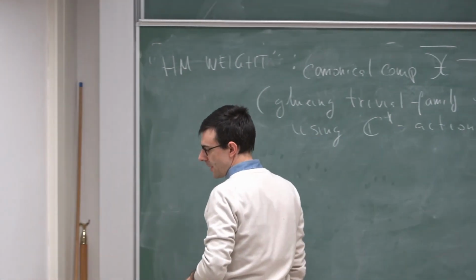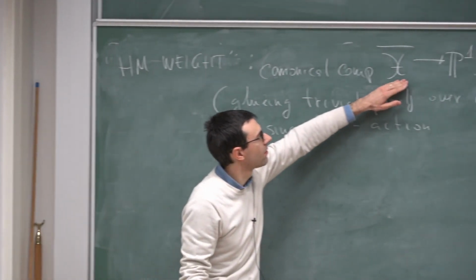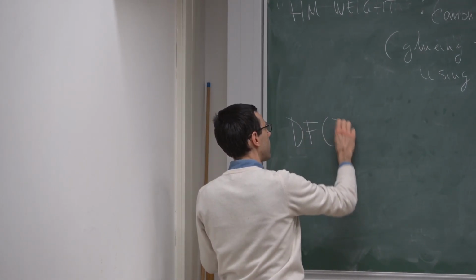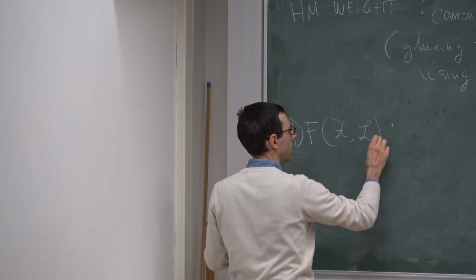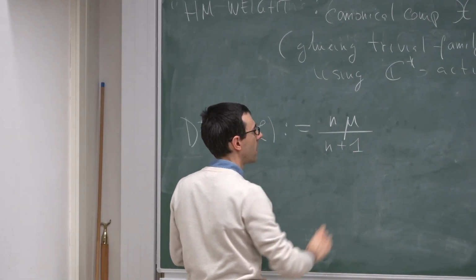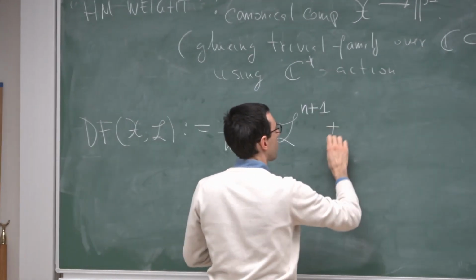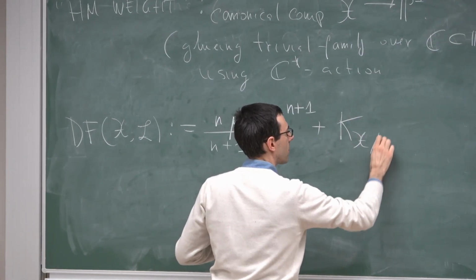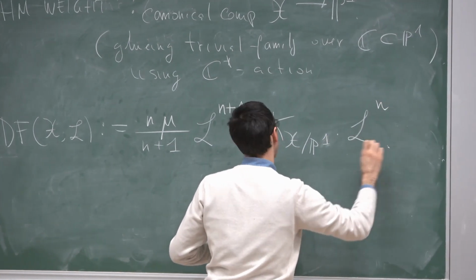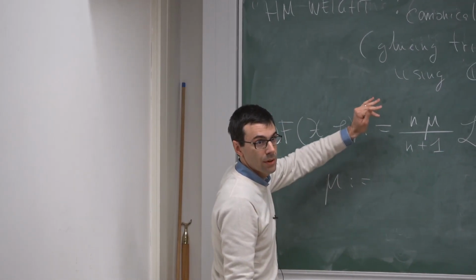And then once you have this compactification, you can compute intersection numbers. This is a normal variety, so the following quantity is well defined. It's a constant, which I'll explain in a second, times a bunch of intersection numbers. And mu is the following constant, which can be computed on the generic fiber.